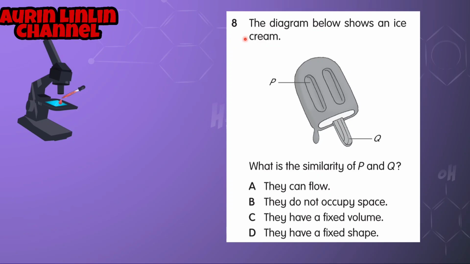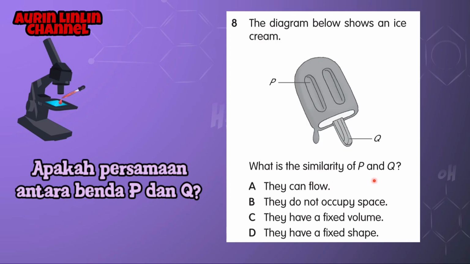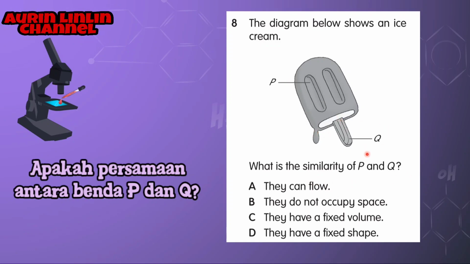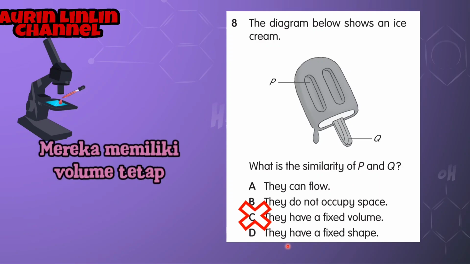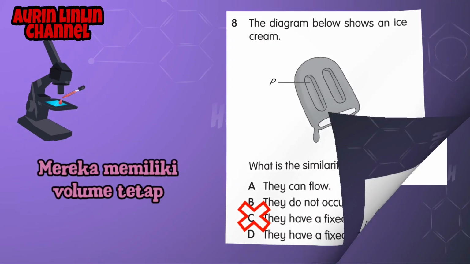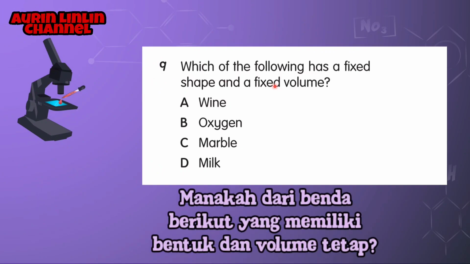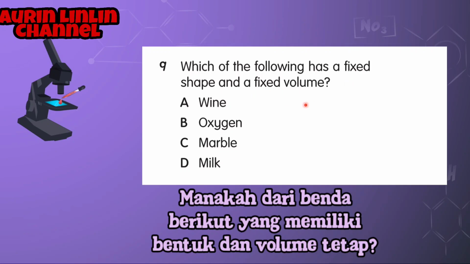Question number 8. The diagram below shows an ice cream. What is the similarity of P and Q? And the answer is they have a fixed volume. Question number 9. Which of the following has a fixed shape and a fixed volume?